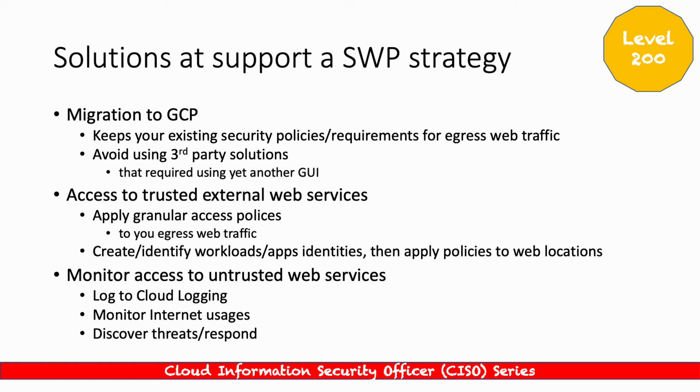And because the secure web proxy is a native service from Google Cloud, it can natively integrate into so many different Google Cloud services. We can log to Cloud Logging, monitor internet usage, and discover threats and respond. Think of all the other Google Cloud service offerings, especially around security, that this product can integrate into.